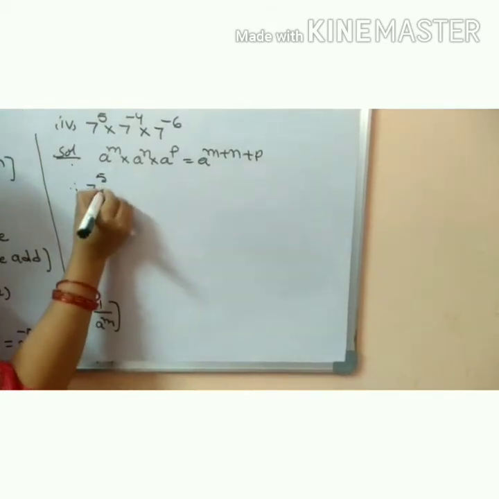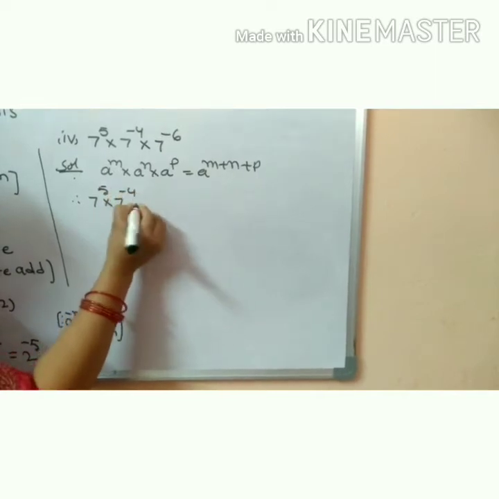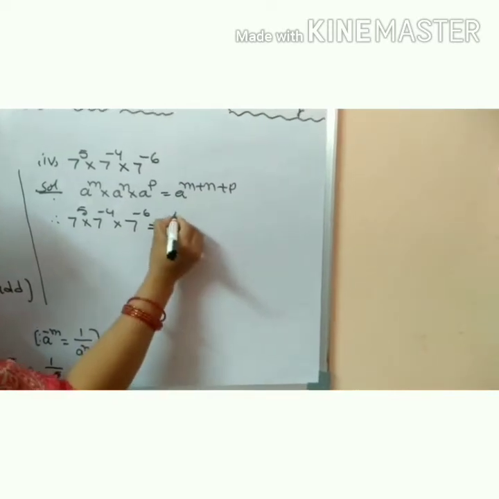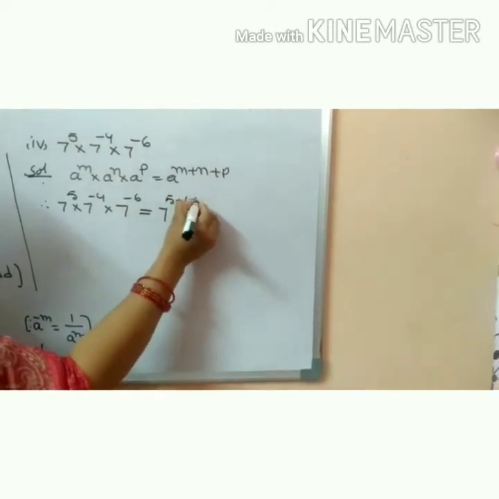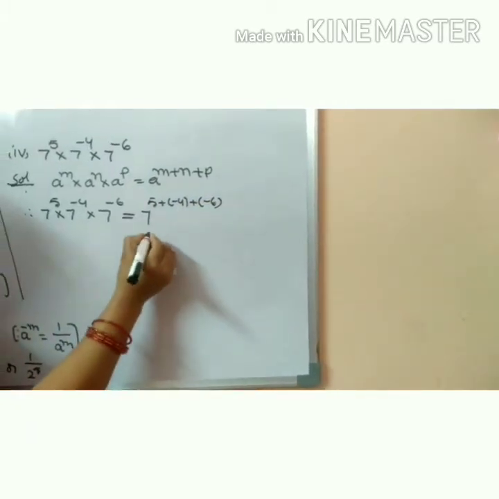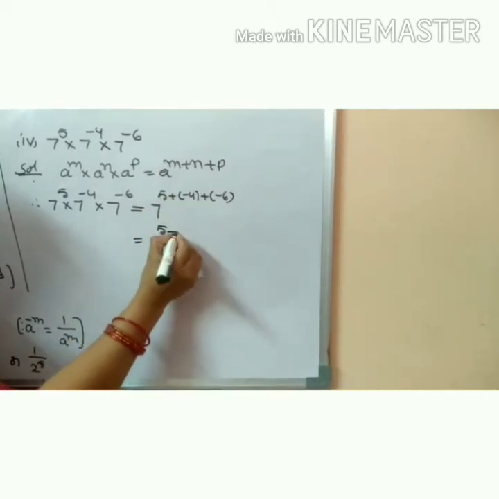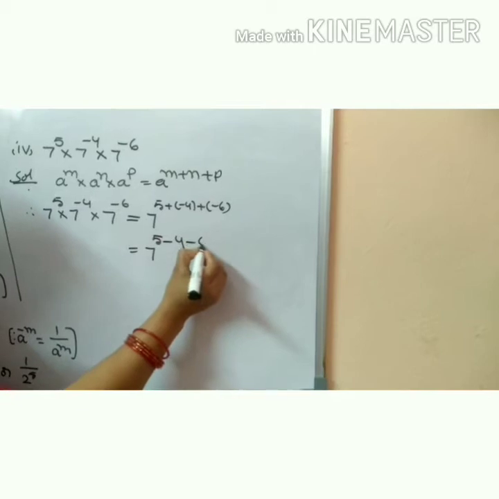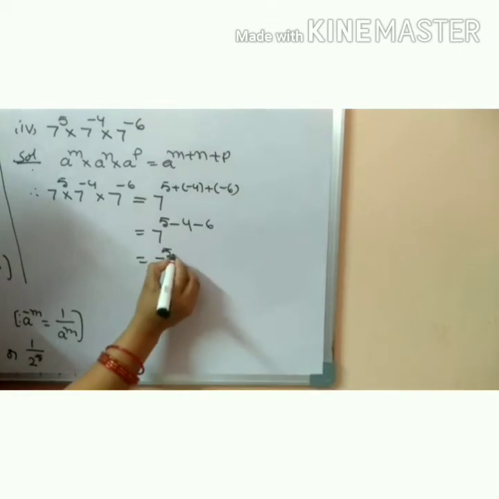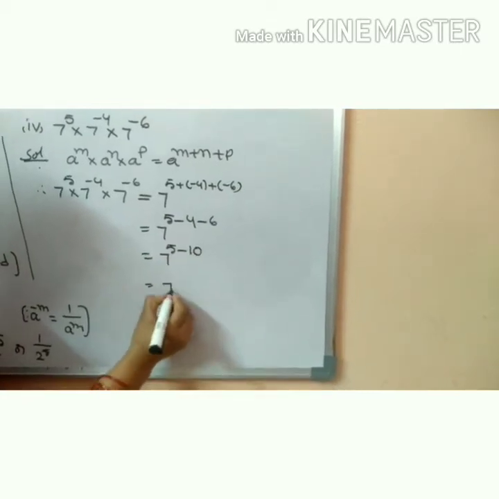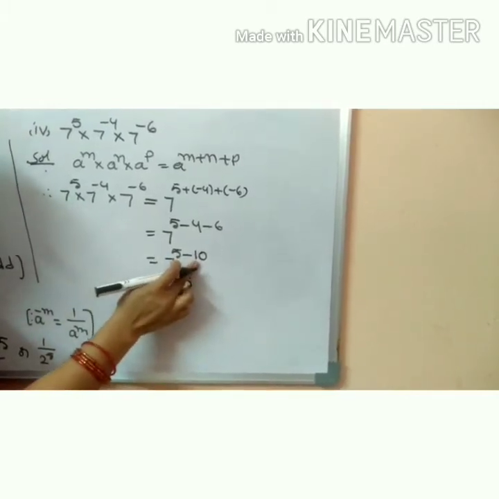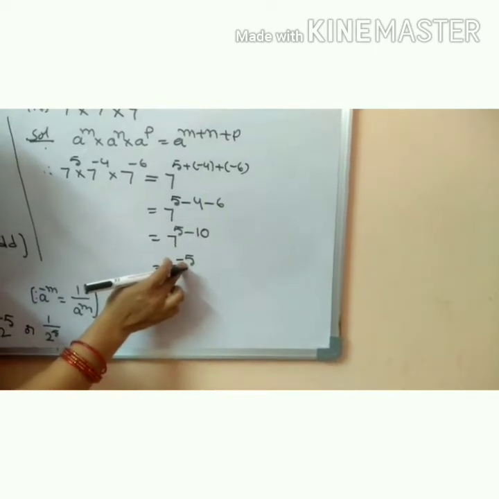Therefore 7 power 5 into 7 power minus 4 into 7 power minus 6 is equal to 7 power 5 plus of minus 4 plus of minus 6. Okay. So here write 7 power 5 plus into minus minus 4 plus into minus minus 6. So here 7 power 5 minus 4 minus 6, that is 5 minus 10. Here write 7 power minus 5, because 10 minus 5 is 5, and the bigger number has the symbol minus, so I will write here minus.